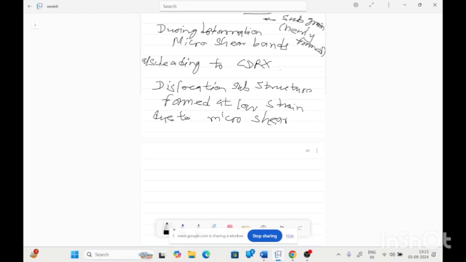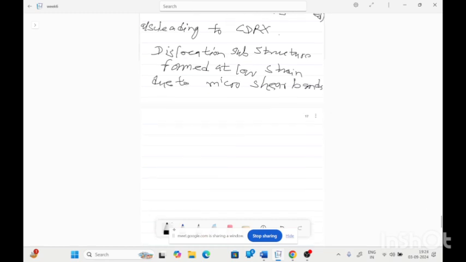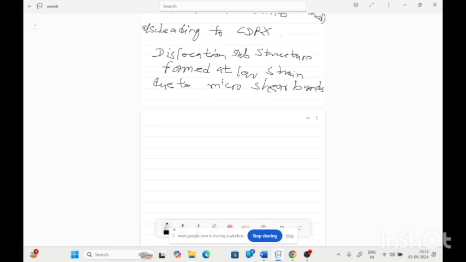We'll study the micro shear bands also, so the substructures are formed due to the micro shear bands only. And the next stage is the increase in misorientation.